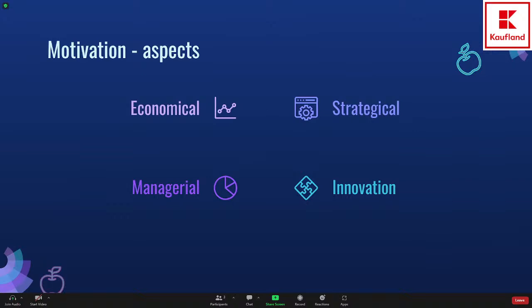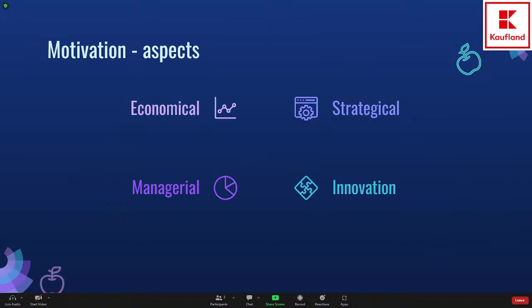The first aspect is an economical one, because in every field, in every domain, it's very important to get a profit from what you are doing. So our work aims to offer a good perspective on how things can develop in your farm.